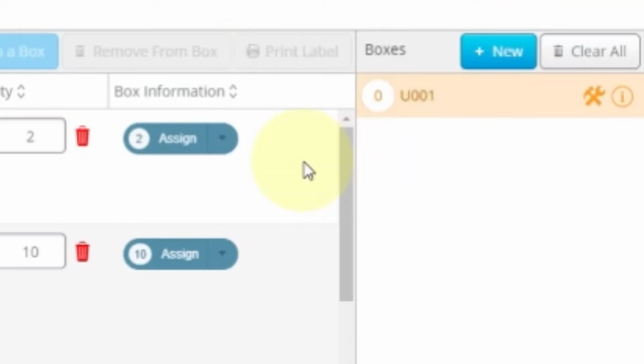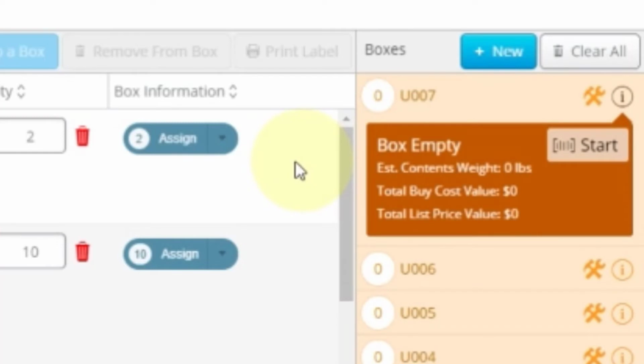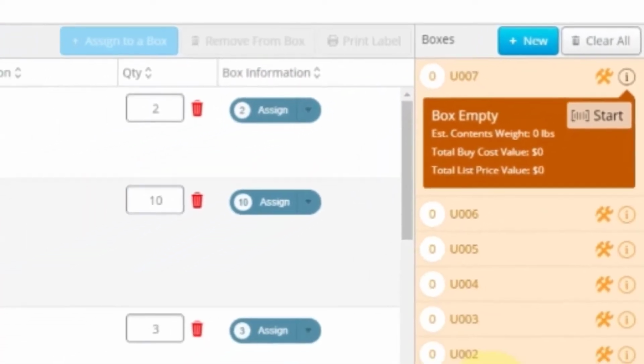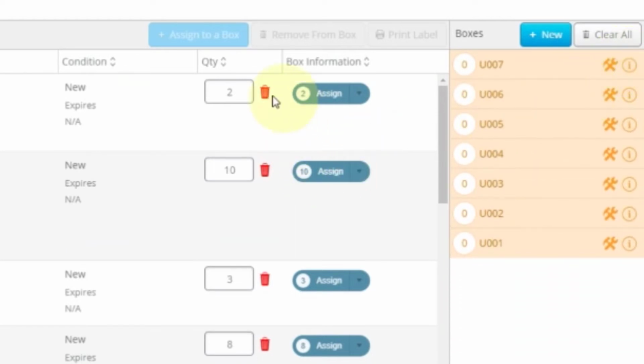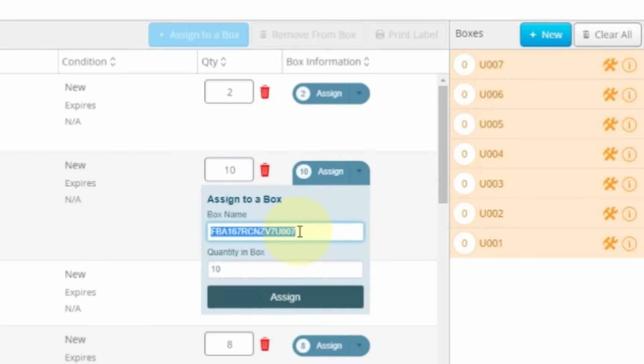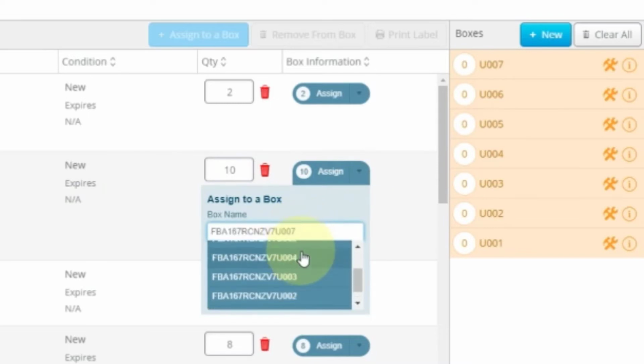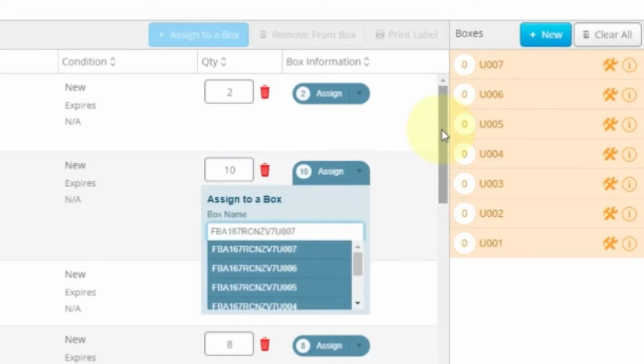But if I said I had 6 boxes, then you can see it created box 1, 2, 3, 4, 5, and 6. Now, watch what happens. Say I had 10 of these. You've got to tell the system how many of these 10 are in what box. So for example, when you click right here, actually it gave me 7 boxes because it had 1 and I created another.